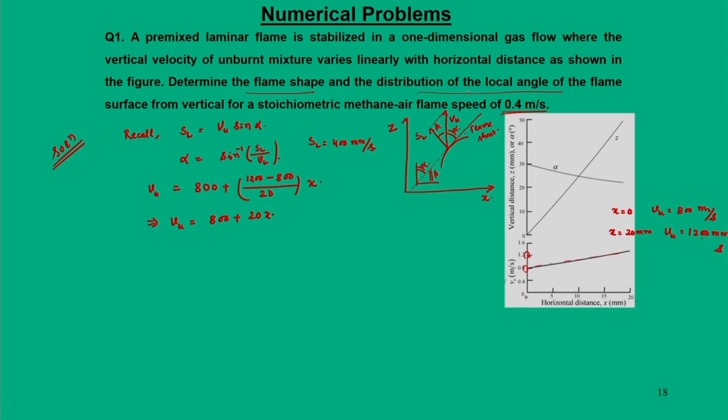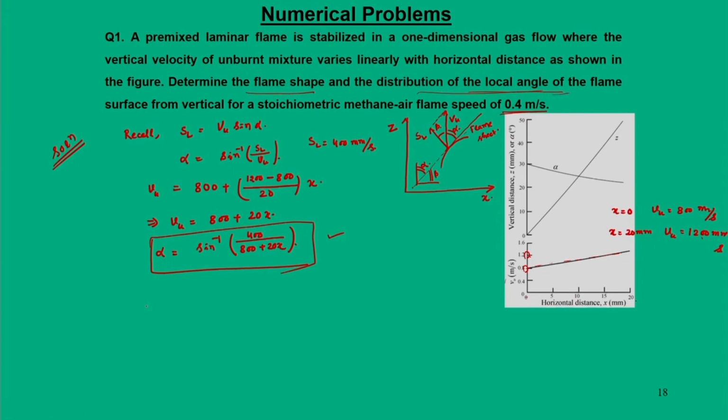So, the distribution of local angle, alpha, can be written as sin inverse of SL, where SL is 400, divided by Bu, which is 800 plus 20 x. So, we get alpha as a function of x. That is the second part of the study.